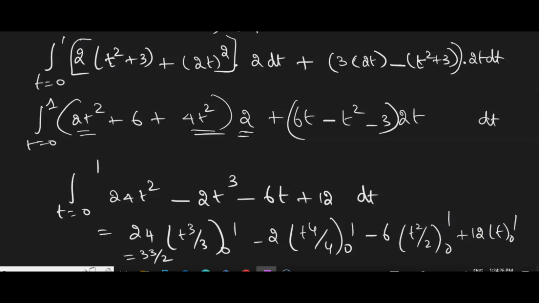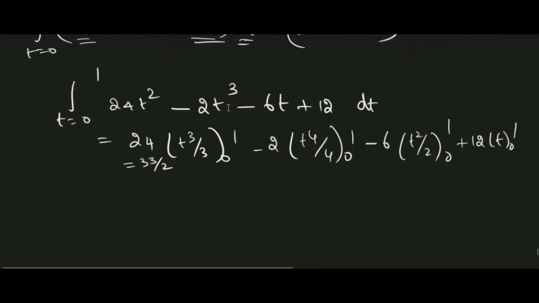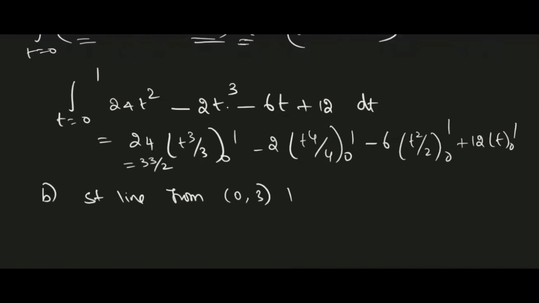Okay. So if they ask the same question along a different path, say a straight line from 0, 3 to 2, 4, everything is the same. The function is the same. Only you have to find the equation of the straight line joining 0, 3 and 2, 4.